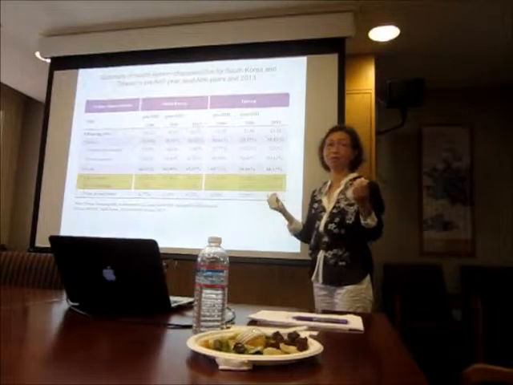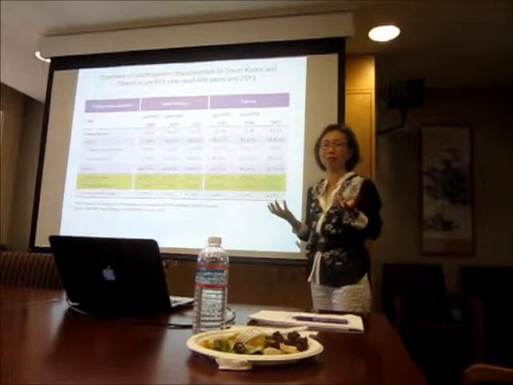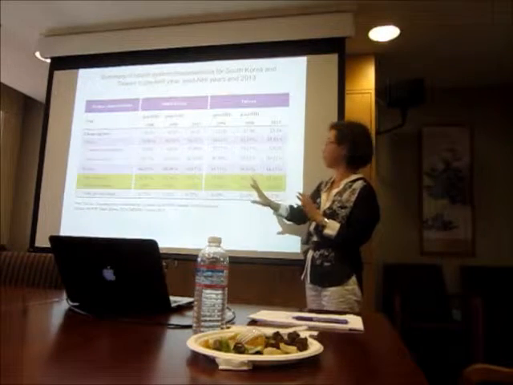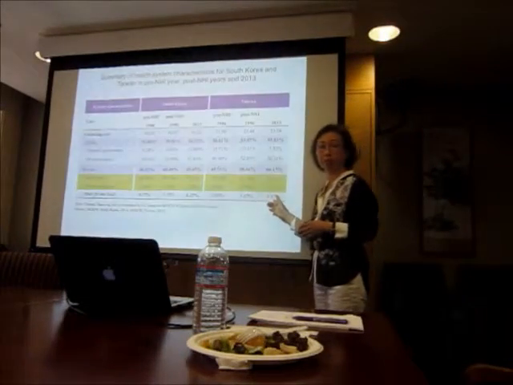So it's an increase in real income, not paper money, but real income. You feel richer because you don't have to save for a rainy day. So where do people spend their money? They spend it buying private health insurance.